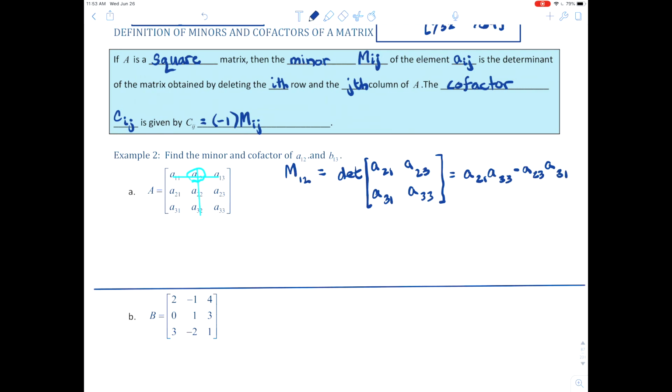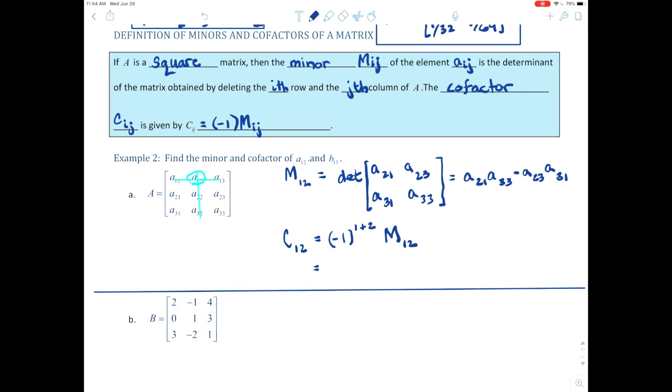Cool, cool? So next up, we need to find the cofactor. So the cofactor for entry A12 will be, beautiful, you just raise -1 to the sum of i plus j, and then you multiply that to the minor for entry A12, and what will we get? So this is going to give us -1 times, what was the minor of entry 12?